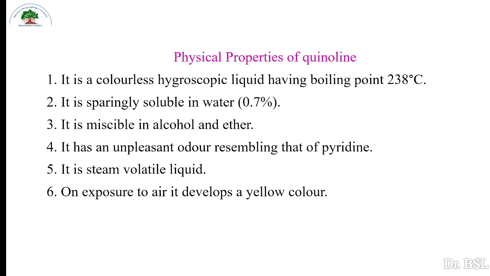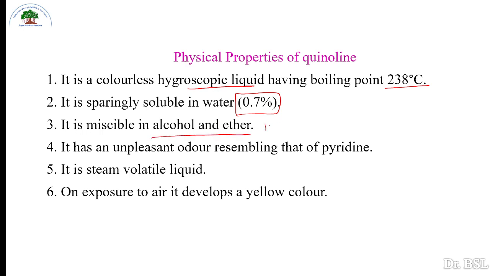Now, let us see the physical properties of quinoline. First one, it is a colorless, hygroscopic liquid having boiling point 238 degrees Celsius. It is sparingly soluble in water, near about 0.7%. It is miscible in alcohol and ether.